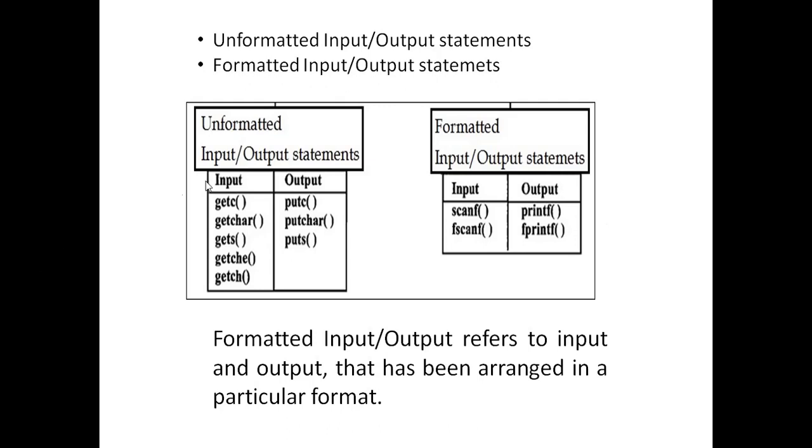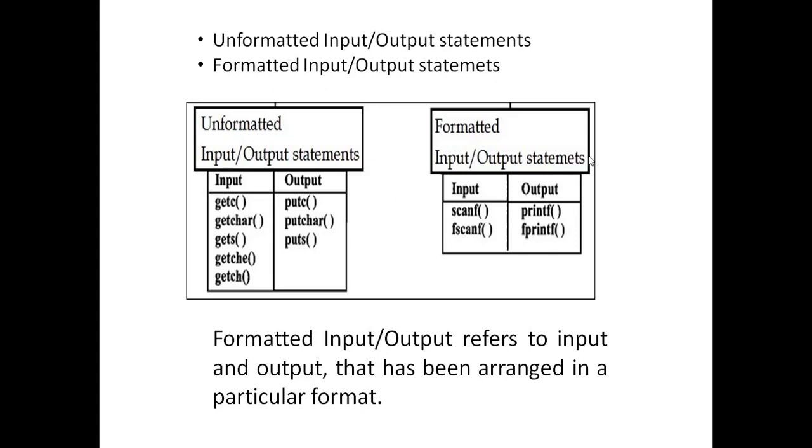Under the unformatted input output statements, the input statements are getC, getChar, getS, getCH. All these are the input functions. The output functions are putC, putChar and putS. These are called unformatted output statements, and those are the unformatted input statements.